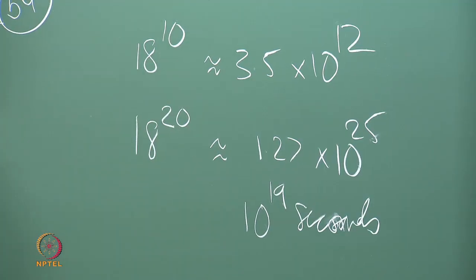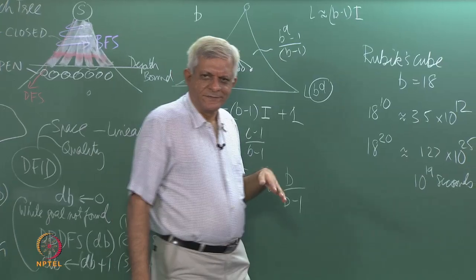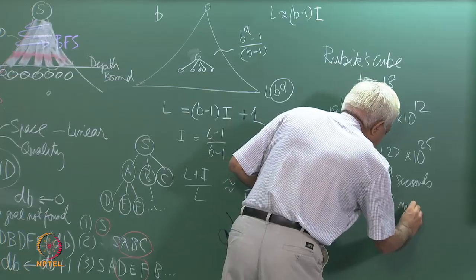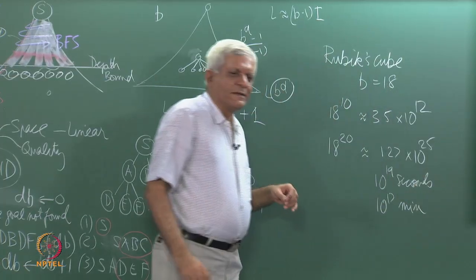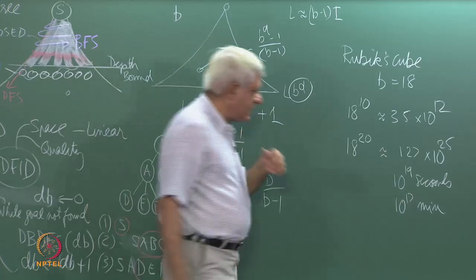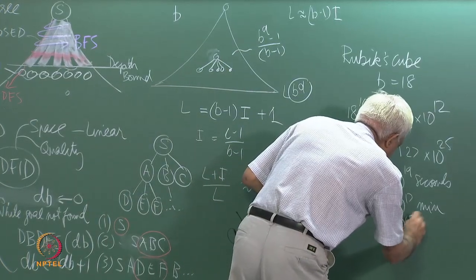Let us assume we do not want to divide by 60 and all. Let us assume there are 100 seconds in a minute. So, we will have 10 raised to 17 minutes, and let us say there are 100 minutes in an hour, then we have 10 raised to 15 hours.